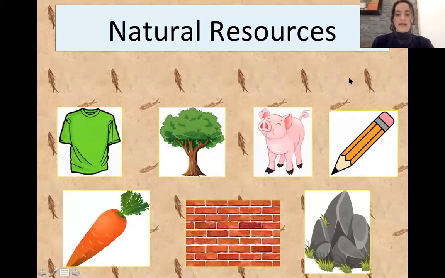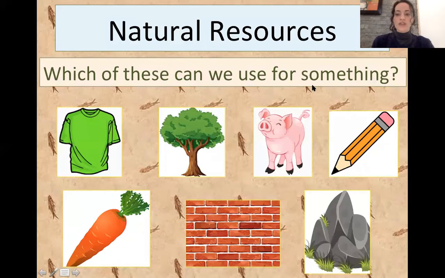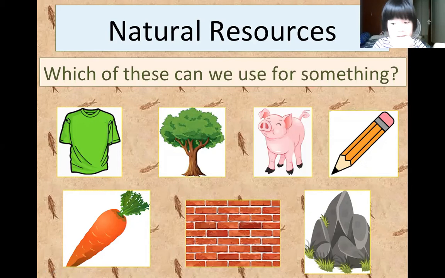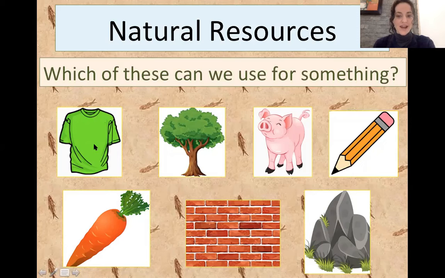So really quickly, which of these can we use for something? Susu, which of these can we use for something, for anything? Can we use a t-shirt? Do you use a t-shirt? Yes. Yeah, right, you're wearing one right now.